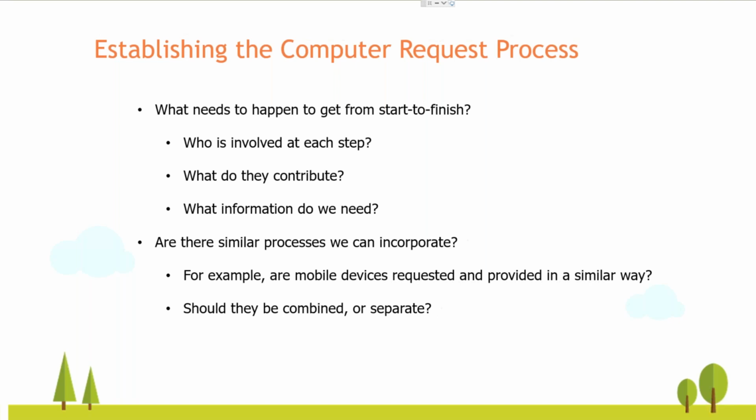If it's the same steps done by the same people, the same teams, with the same kind of flow of information, then there's no reason why that couldn't be incorporated into this process to make it more manageable in terms of your process management, and make it easier for your end users. They don't have to worry about what device goes where and which process to use for which device. They can just say, I need a piece of equipment, and they can start off that process.